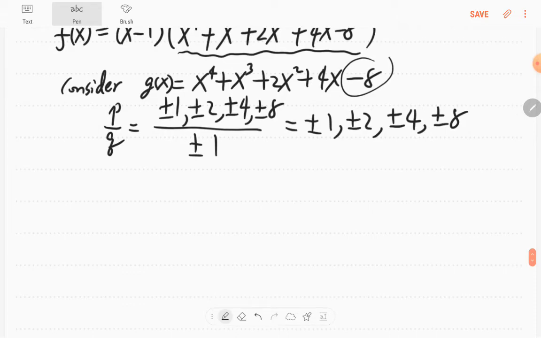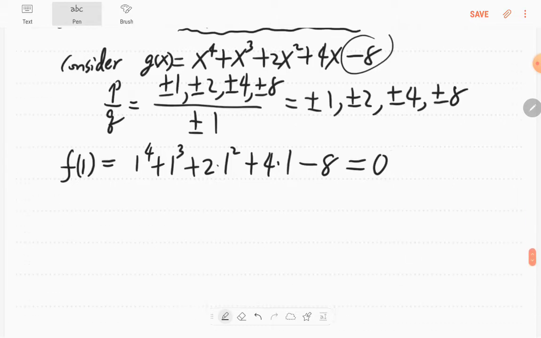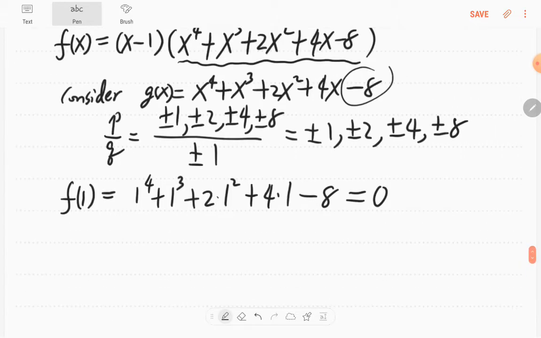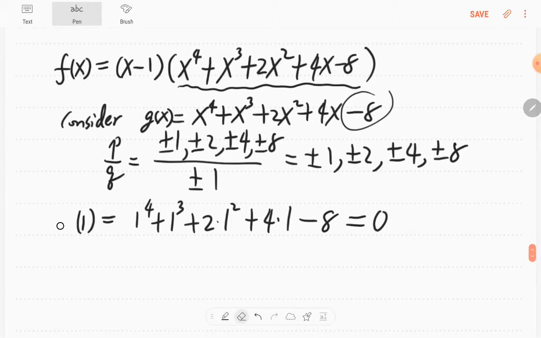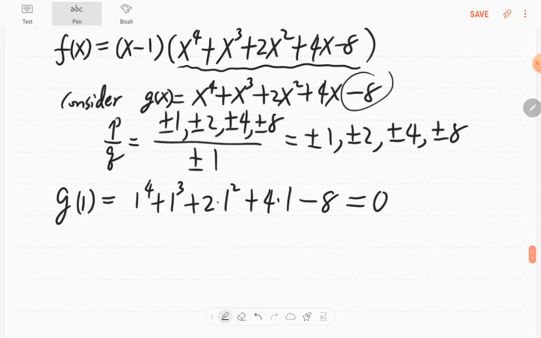So now let's try 1 again. g of 1 is 1 to the fourth plus 1 cubed plus 2 times 1 squared plus 4 times 1 minus 8. Again, this is 0. Oh sorry, not f, we should have g here. So this tells you that x minus 1 is a factor of this part.